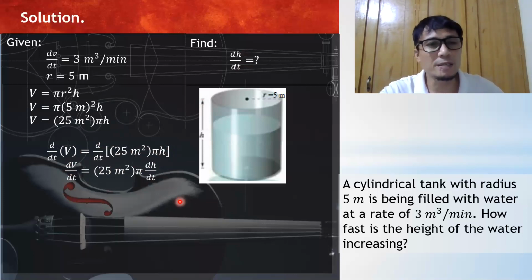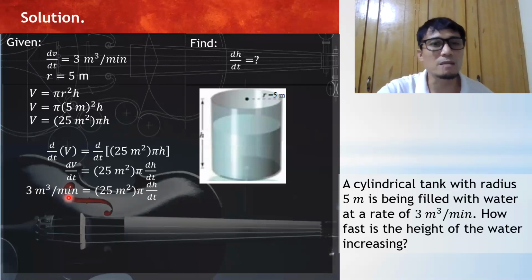Okay, after substituting the given. So what is your dV/dt? dV/dt is 3 cubic meters per minute. You have 25 meters squared pi dH/dt. You're solving for dH/dt, so you divide both sides by 25 meters squared pi.